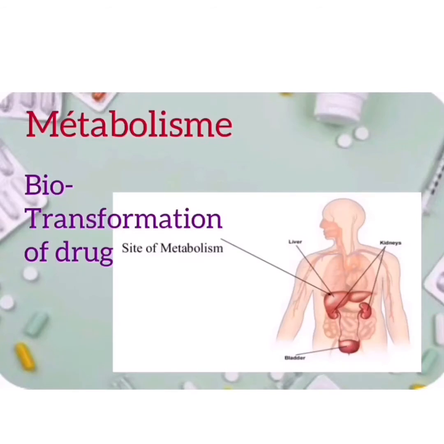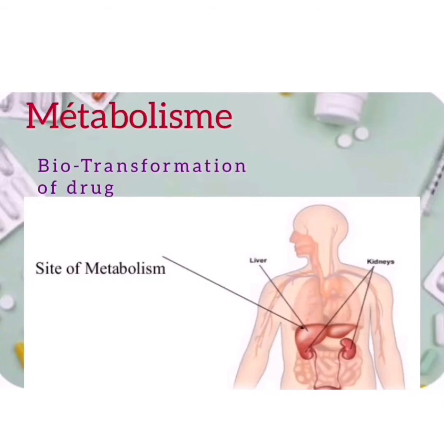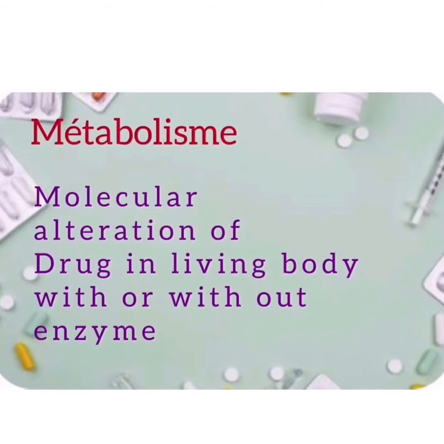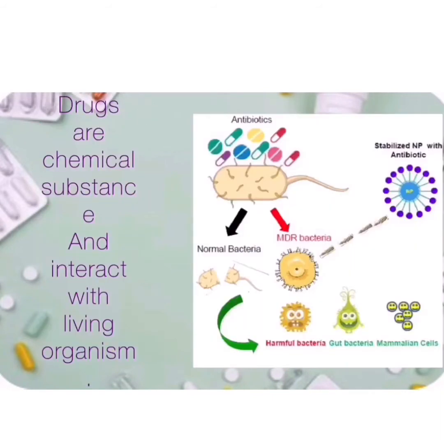Metabolism is by transformation of a drug. Actually, when you see the site of metabolism, it's liver. Here is the metabolism take place. Why is it necessary then? Metabolism is molecular isolation of a drug in a living body, with or without enzyme.